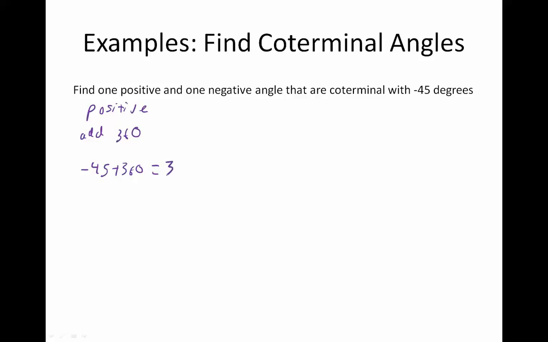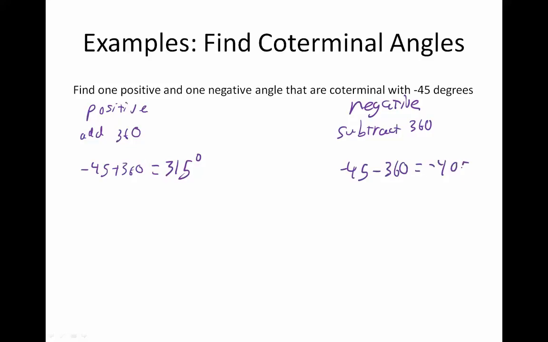Turns out that that's 315 degrees. So that is a positive coterminal angle. It is the same angle, just rotated around positively 360 degrees. For a negative coterminal angle, we're going to subtract 360 degrees. So negative 45 minus 360 turns out to be negative 405.